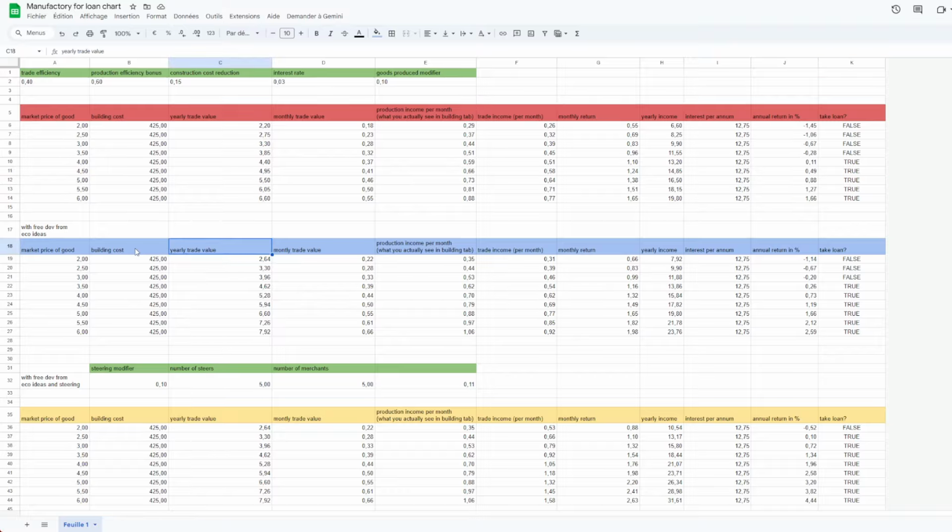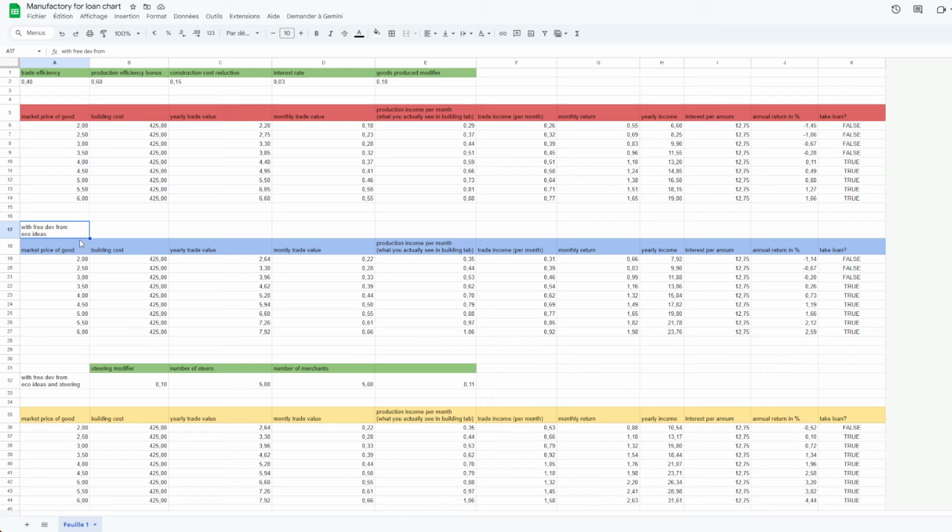Then for the blue part of the chart, I included the one free Diplo development that you get from building the manufactory when you have economic ideas.